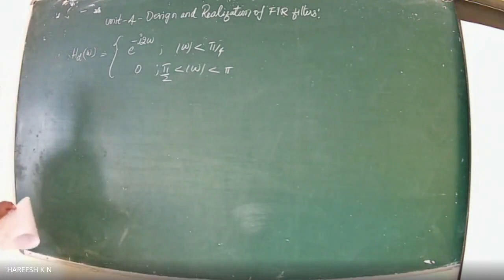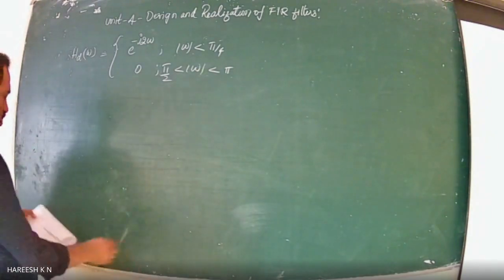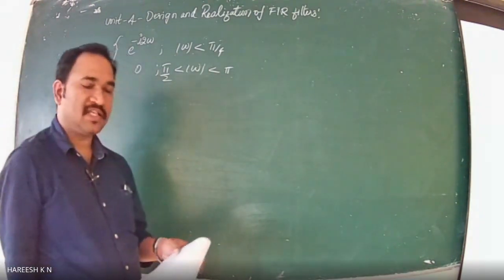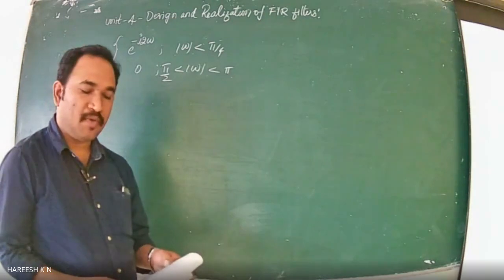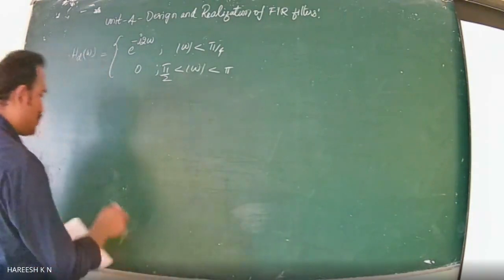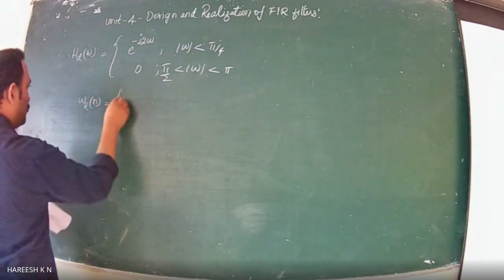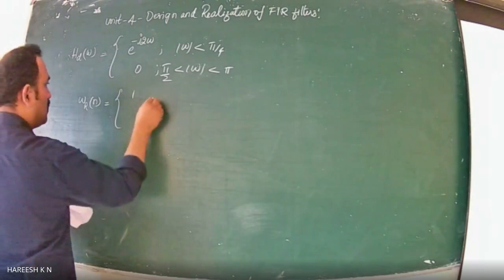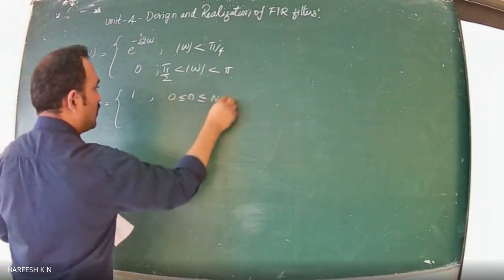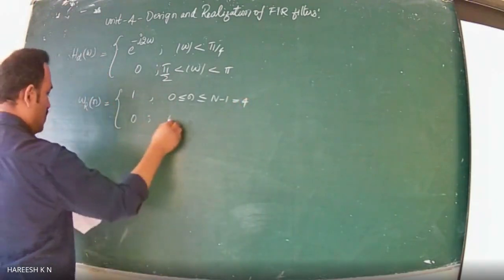This is the desired frequency response given. Determine the filter coefficients HD of n and H of n if W of n is a rectangular window defined as follows: WR of n is equal to 1 for n greater than or equal to 0, less than or equal to N minus 1, which is equal to 4, and 0 otherwise.